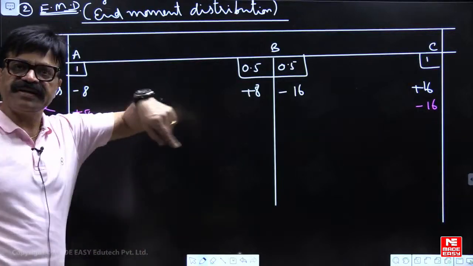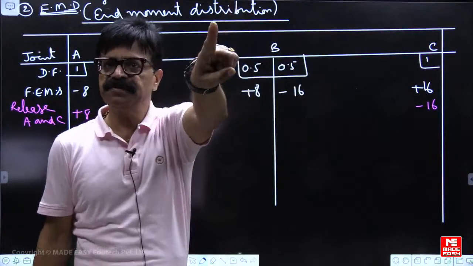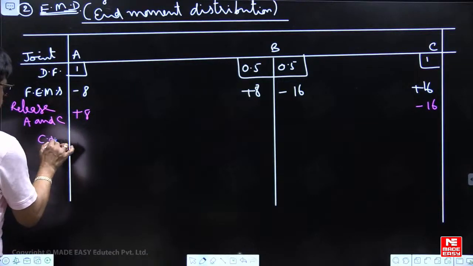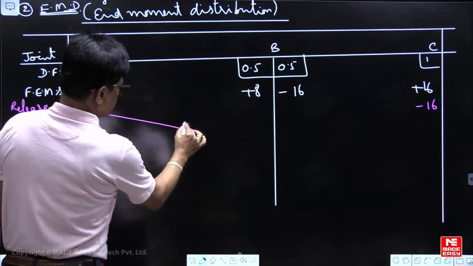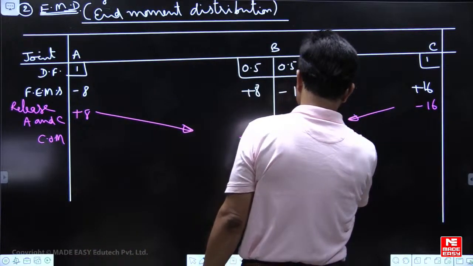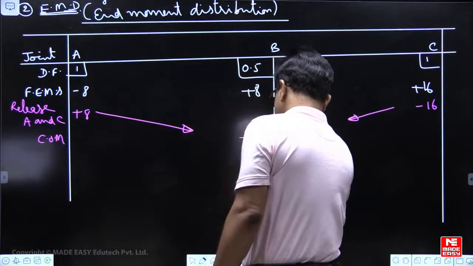When you release by applying plus 8, half of the moment is carried over when far end is fixed. So carryover moment: out of plus 8 it will come plus 4. Out of minus 16, minus 8 will come here.